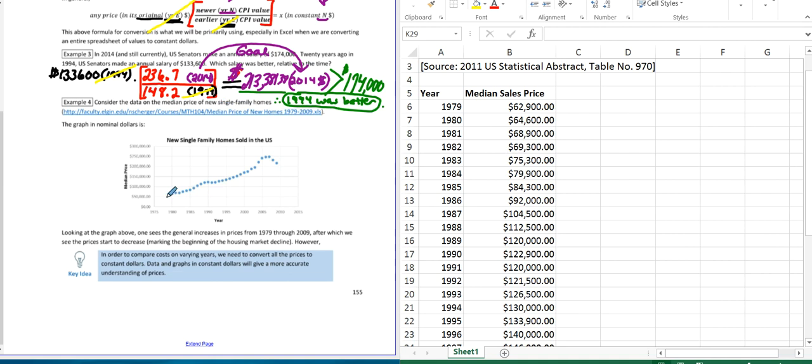So again, generally it looks like prices of homes were on the increase. Of course, the housing market bubble kind of burst, and then there was a decline in values. But for the most part, most things that we study over time generally increase, and that's generally what we see here, except for those last few years.